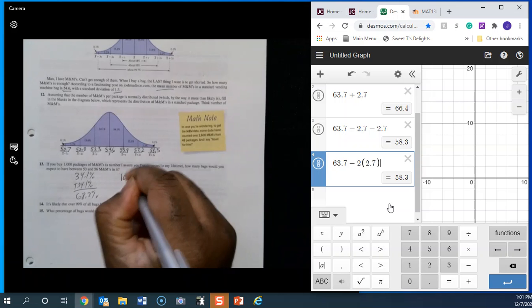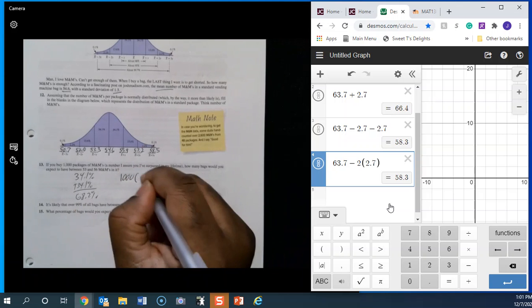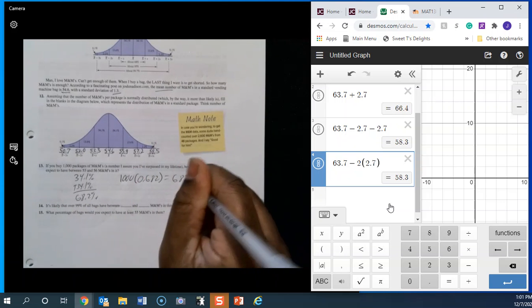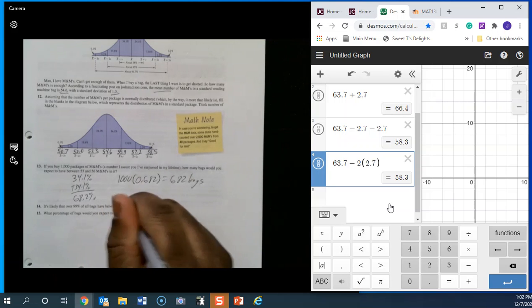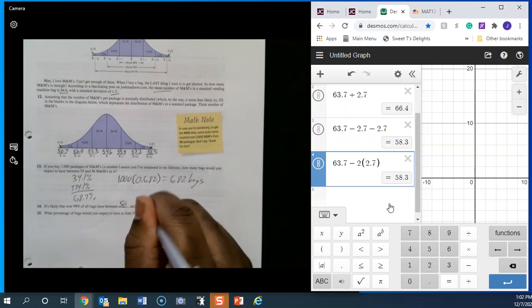So you would take the 1,000 and multiply it. We'll change this percent to a decimal, 0.682, which would be 682 bags. Now, it's likely over 99% of all bags have between blank and blank. It'll be 50 and 59.